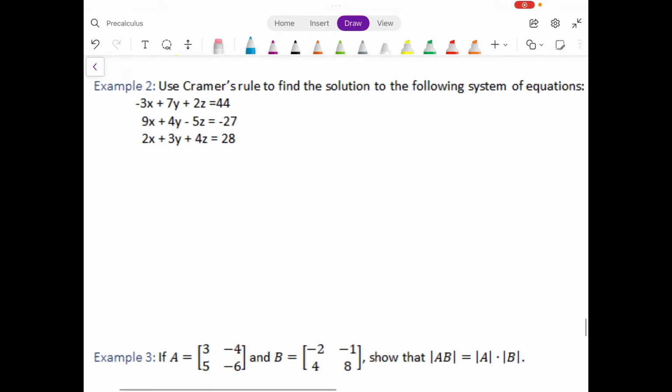So x, I'm going to try to write a little bit smaller here so we can fit all this in. So x is going to equal the denominator, which is going to be the determinant of the coefficient matrix.